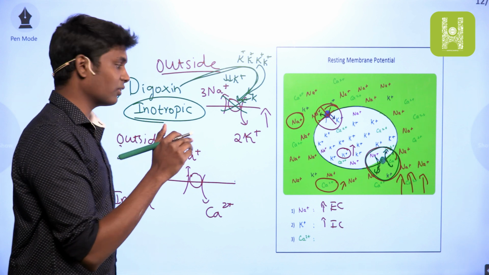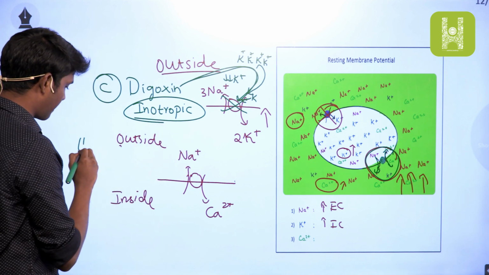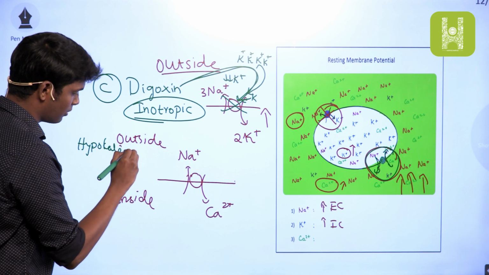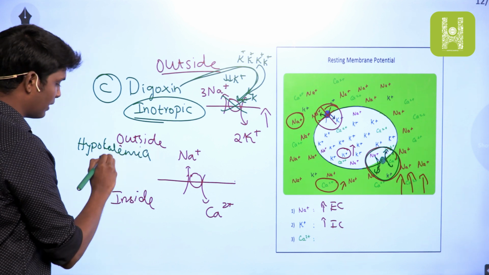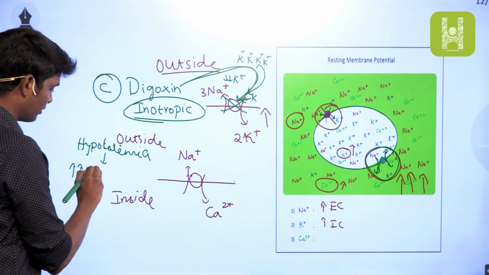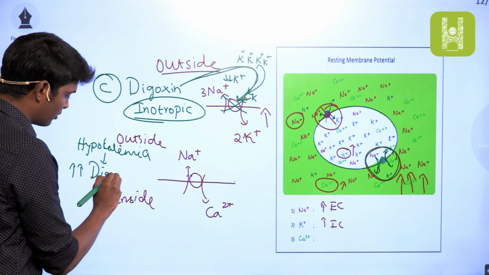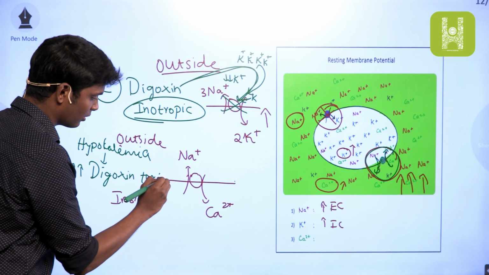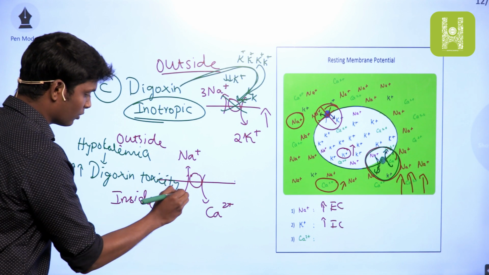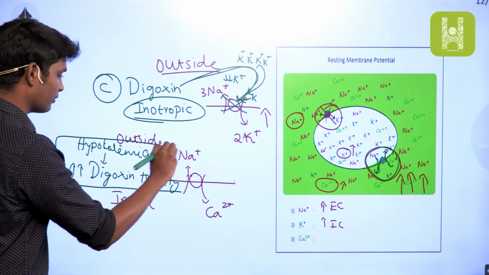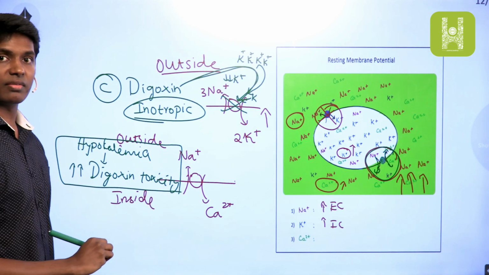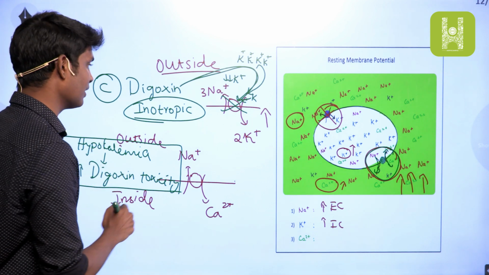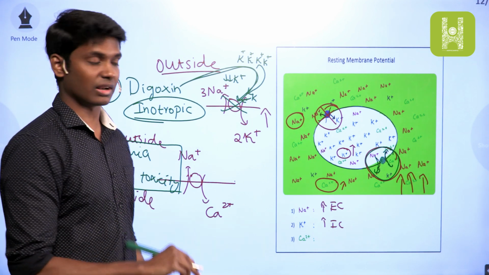That is the reason why we say hypokalemia increases digoxin toxicity. So whenever there is hypokalemia while giving digoxin, we should always remember that the patient is more prone to digoxin toxicity. This is one point of clinical relevance.